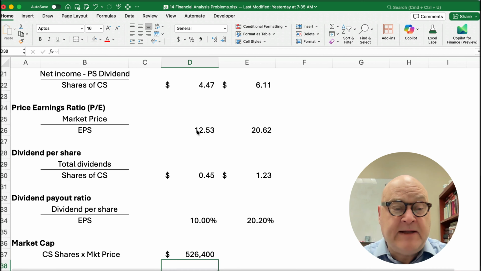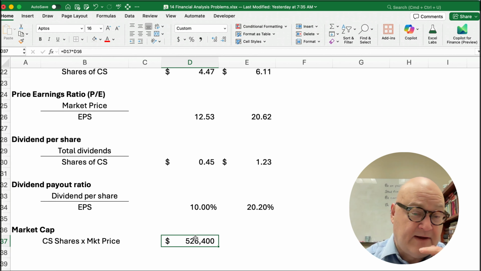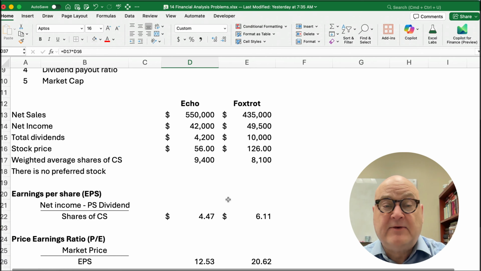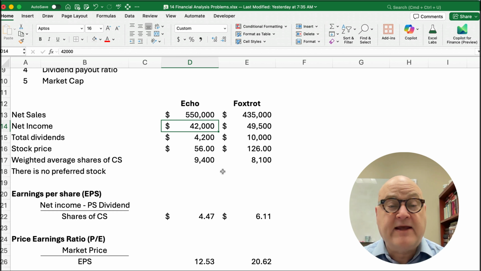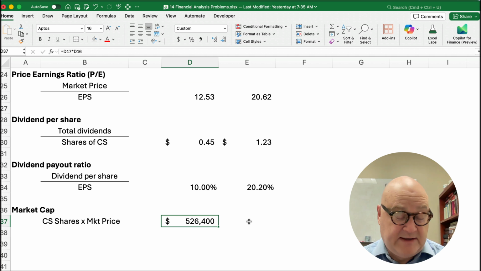So this company has a value, if you took all the shares times the stock price, of $526,000. Watch, this company is earning like $42,000, but it has a market cap of $526,000. Theoretically, that's the value, what you could sell it for.